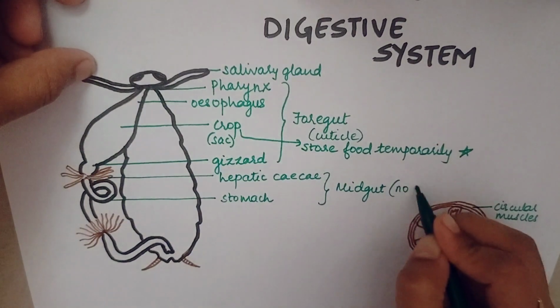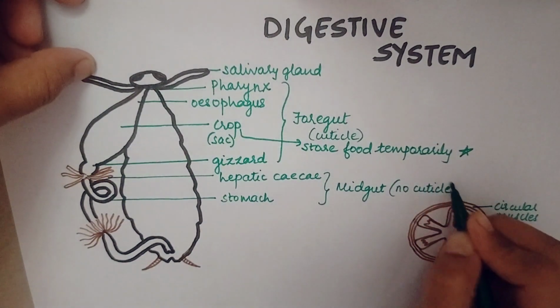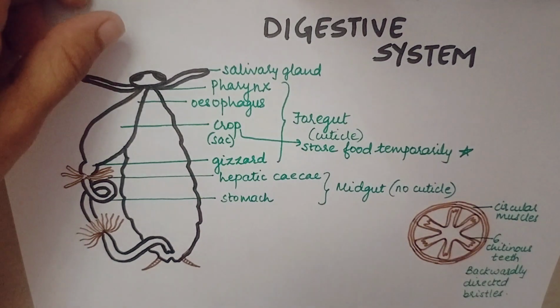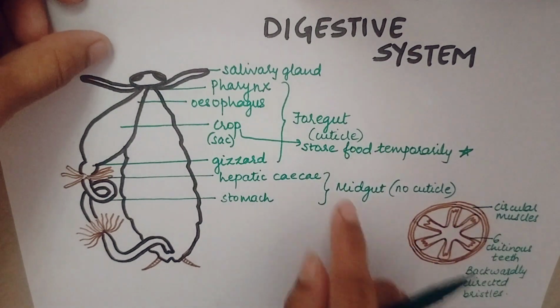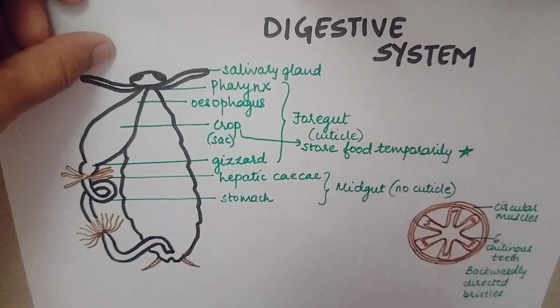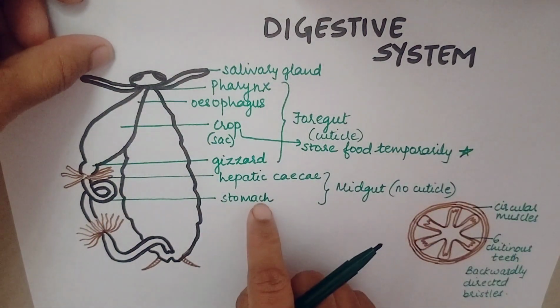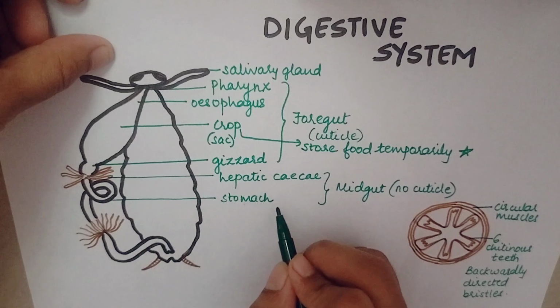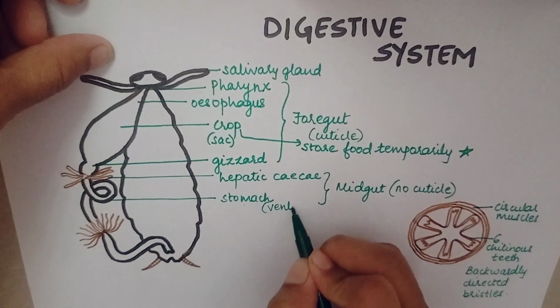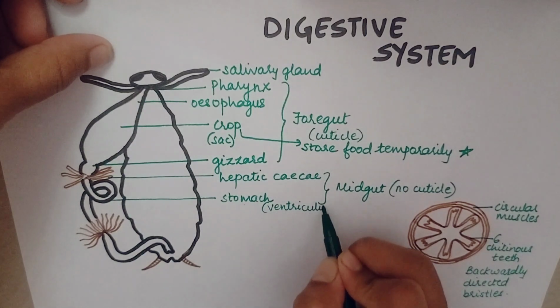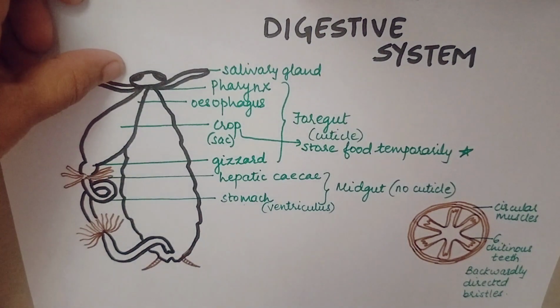There is no cuticle lining present in the midgut. It is present in the foregut but absent in the midgut. The stomach is also called the ventriculus.